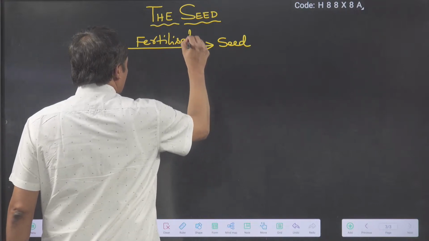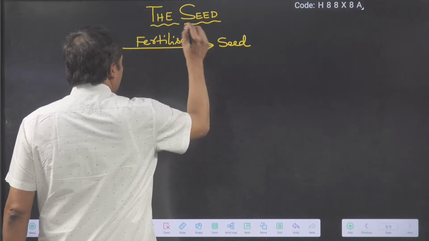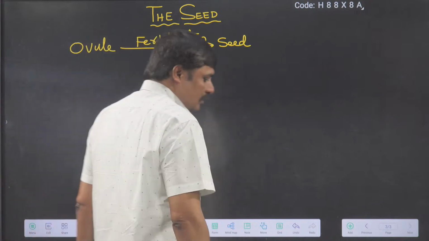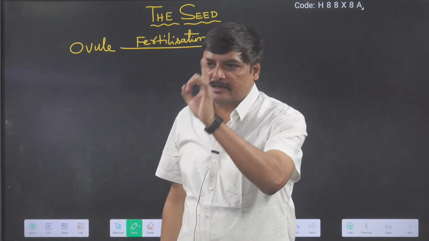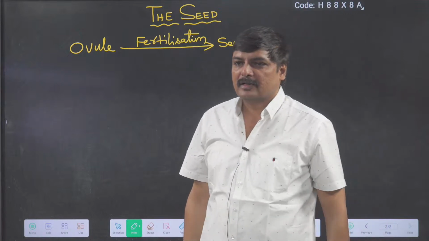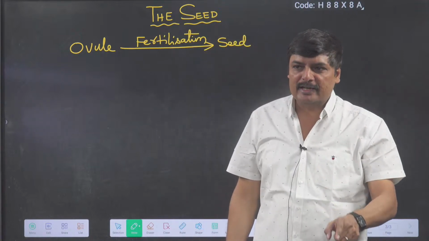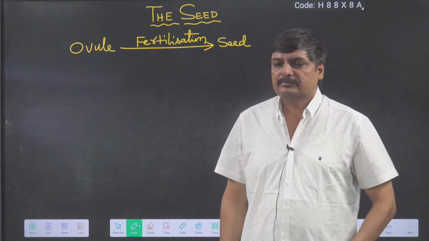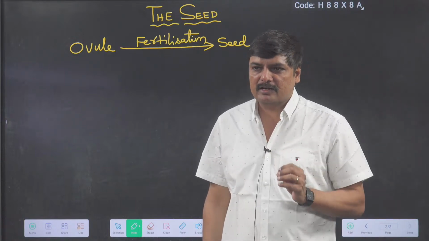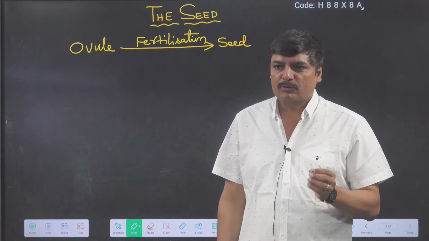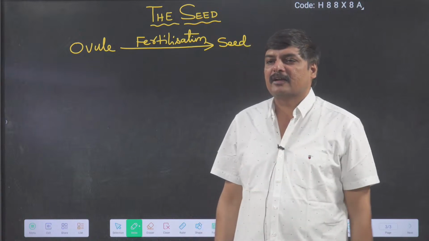Therefore, you can say like this also: fertilized ovule is called seed. Ripened ovule is called seed. After fertilization, ovule becomes seed generally.